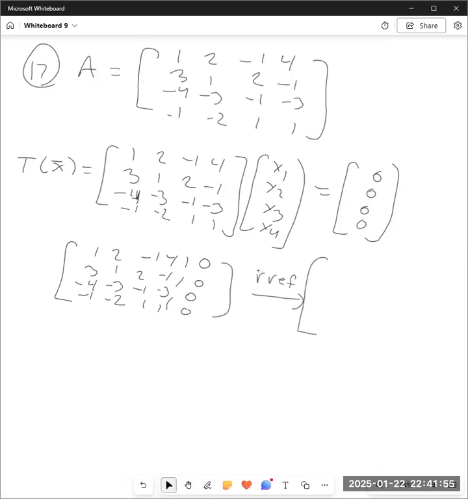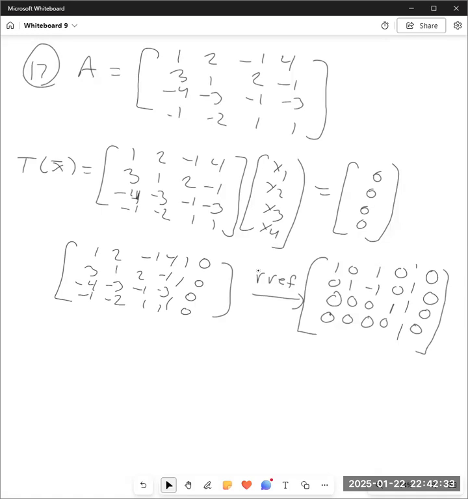I'm going to get [1, 0, 1, 0, 0; 0, 1, -1, 0, 0; 0, 0, 0, 1, 0], and a row of zeros down here.